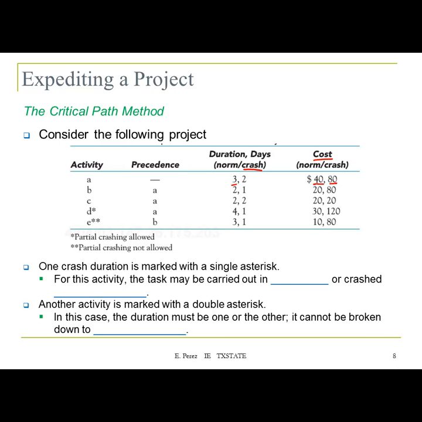So one crash duration is marked with a single asterisk. For this activity, the task may be carried out in normal time or crash one day at a time.